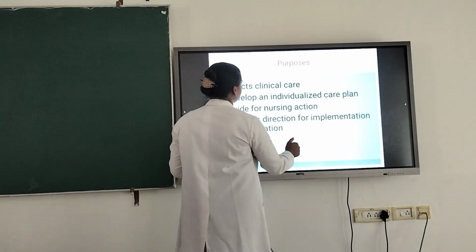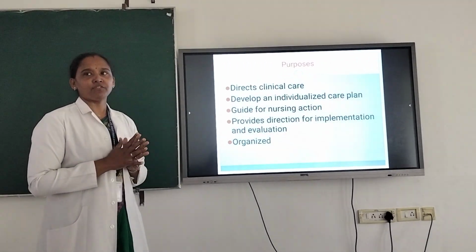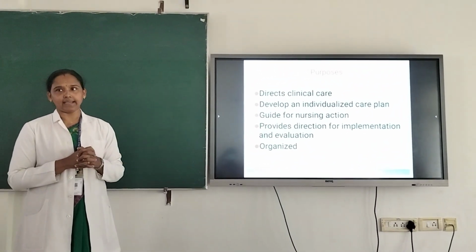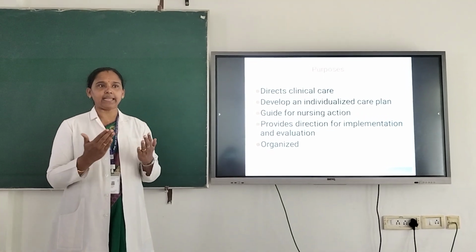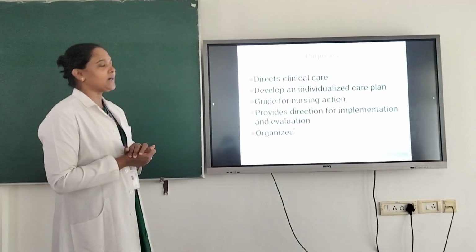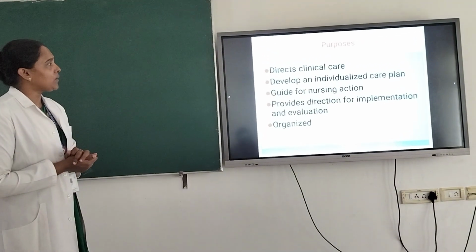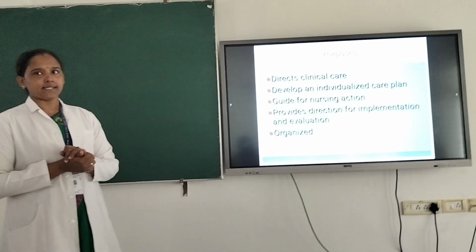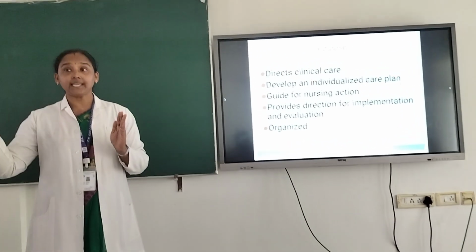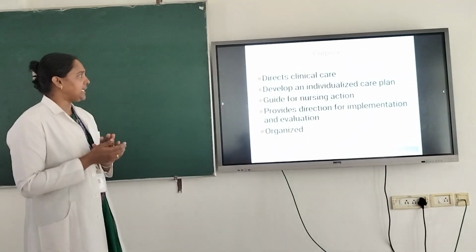Next we move on to the purpose of planning, why we have to plan. First one is direct clinical care. It will direct our clinical care, what is first, what is next. Then second one is develop an individualized care plan. So we can develop an individualized care plan for each individual, and for that we need planning.